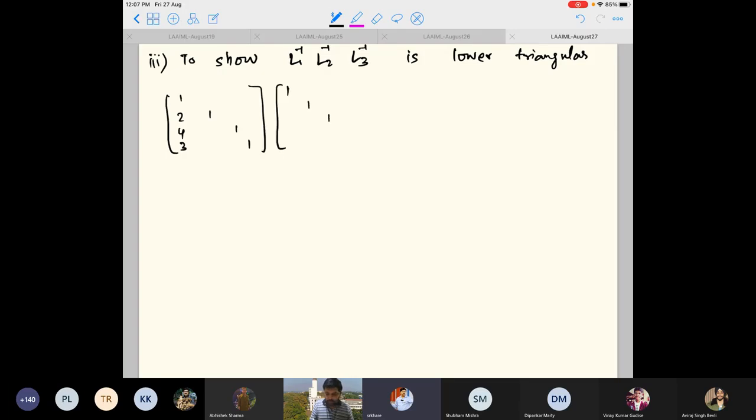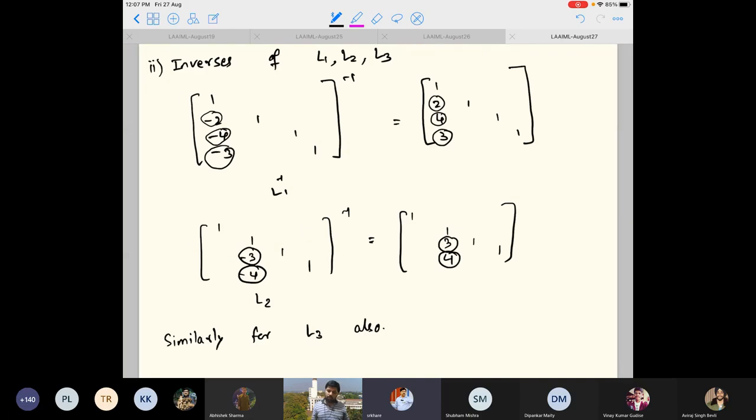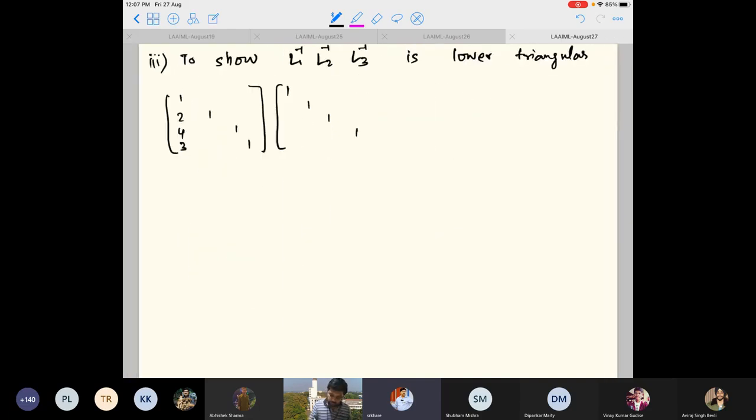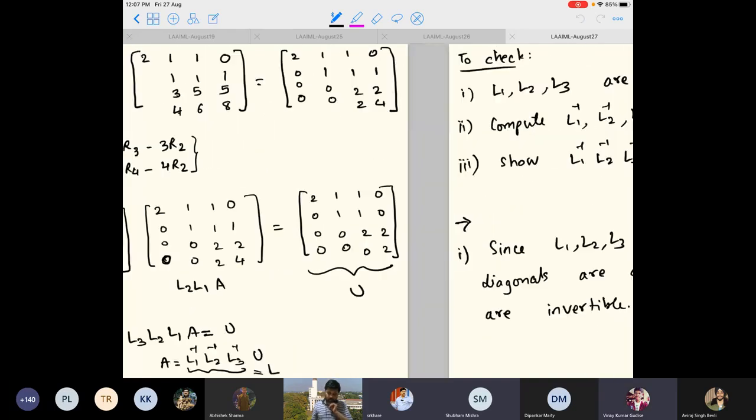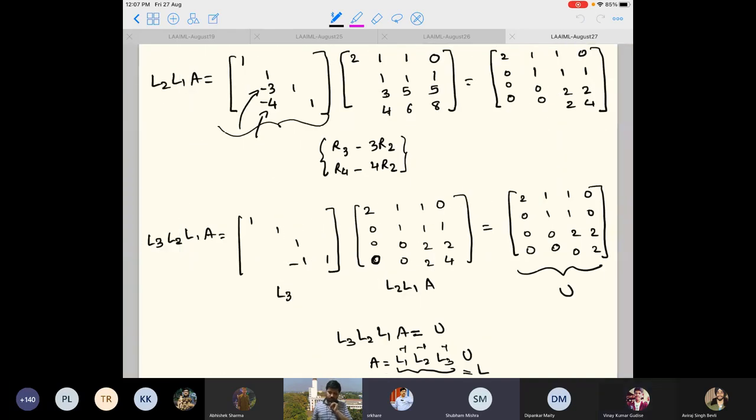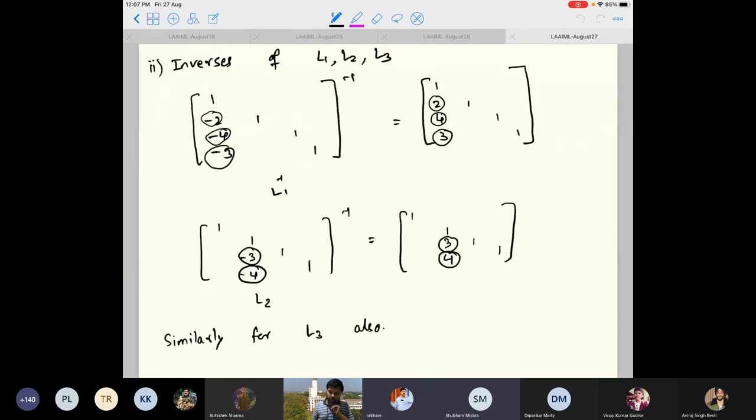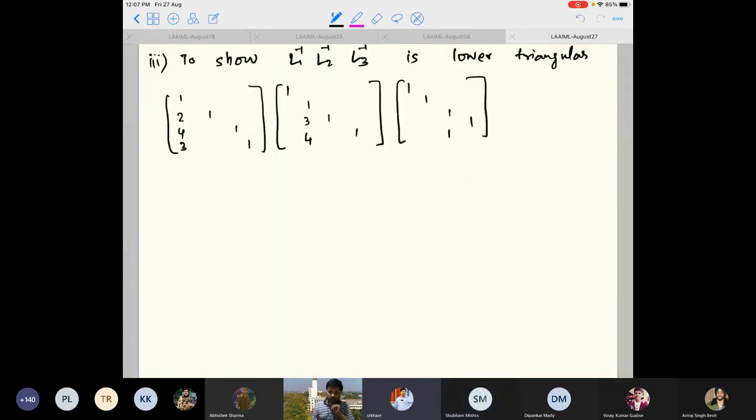Then in the second column you had 3, 4. That was your L2 inverse. And what was there in L3 inverse? Can you tell me? What is the inverse of L3? In L3 you have minus 1, so in L3 inverse you will have a 1 here, correct?